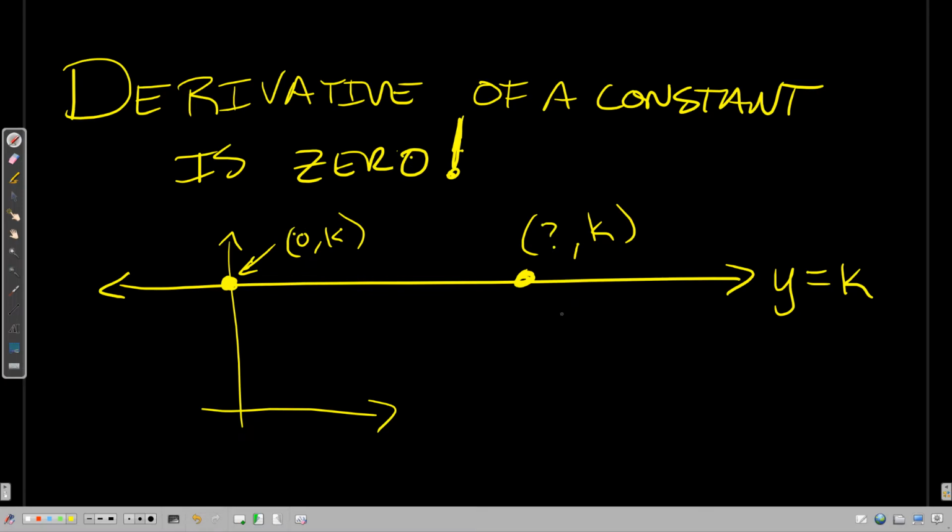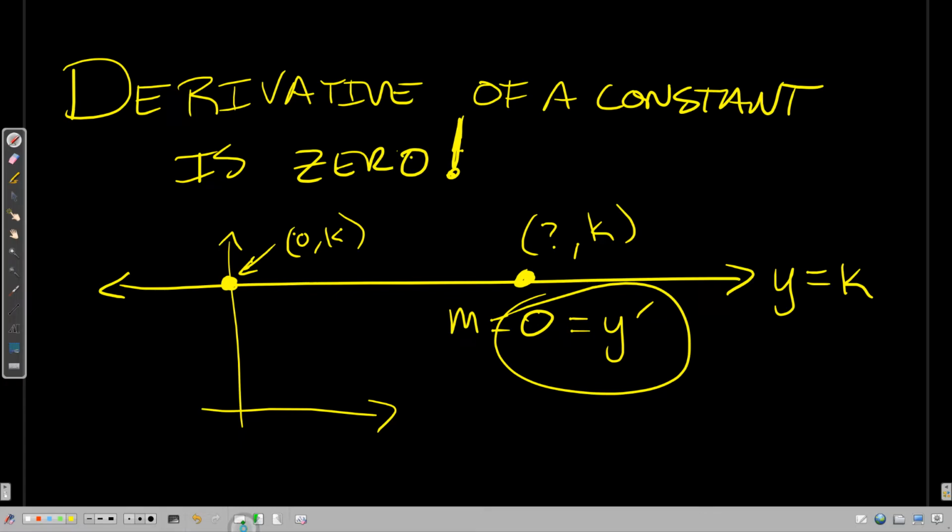All the points are looking like something comma k. And what is the slope of this horizontal line? It is 0. And you know that one of the interpretations of the derivative is the slope of the tangent line. So it would tell you that y prime would have to be 0. Okay.